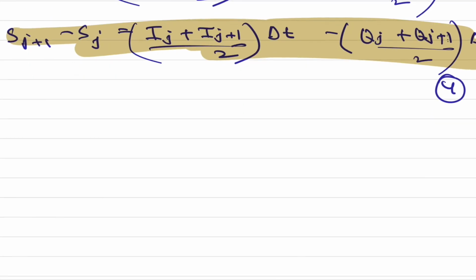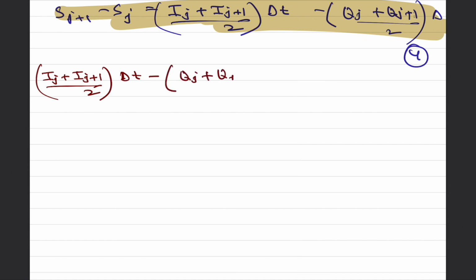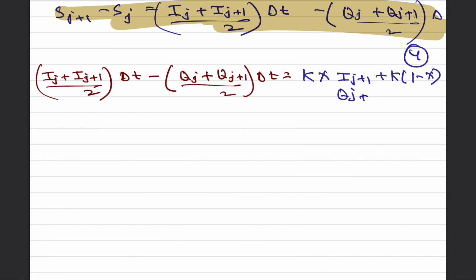So once we equate that, our equation looks like Ij plus Ij plus 1 divided by 2 delta t minus Qj plus Qj plus 1 divided by 2 delta t. So this becomes our left hand side, and our right side becomes Kx Ij plus 1 plus K into 1 minus x Qj plus 1 minus Kx Ij minus K 1 minus x Qj.